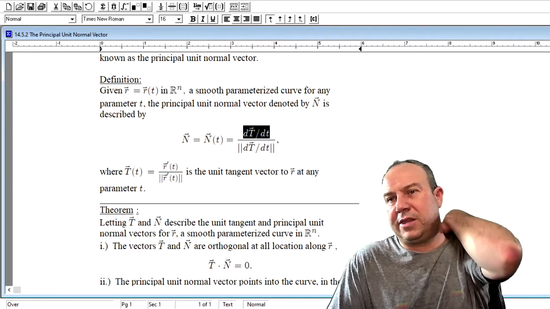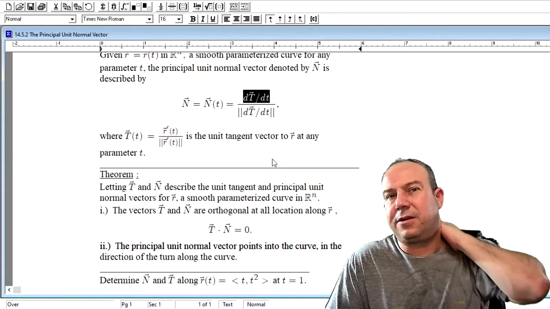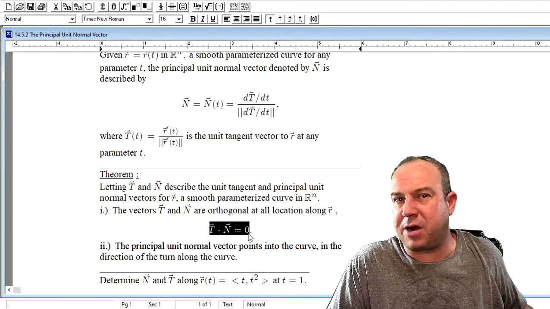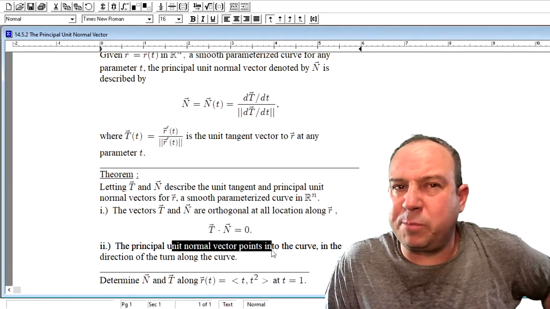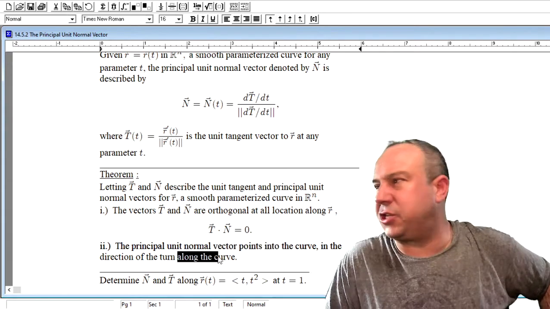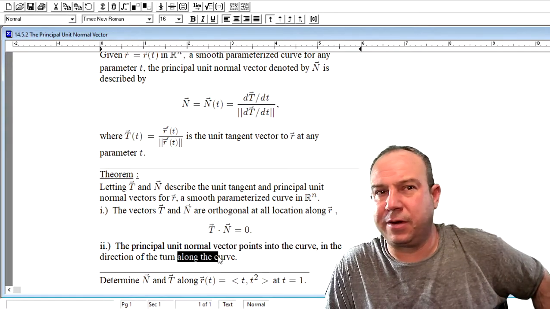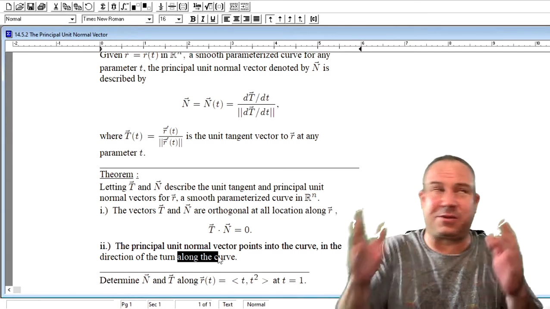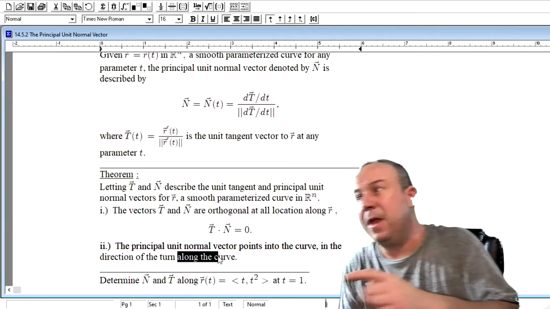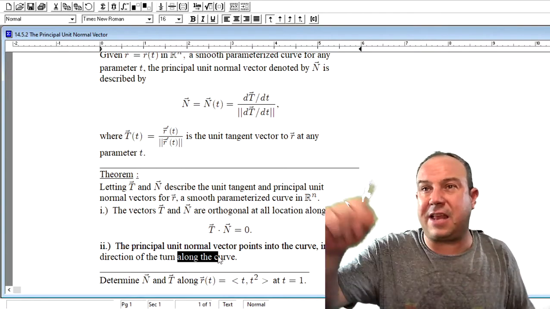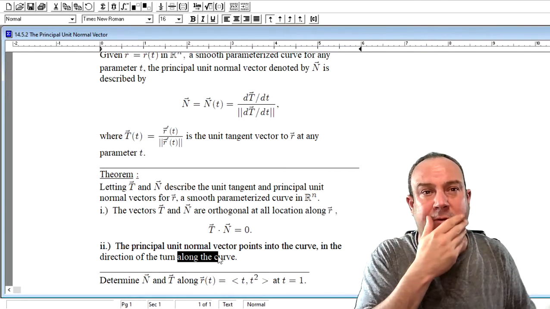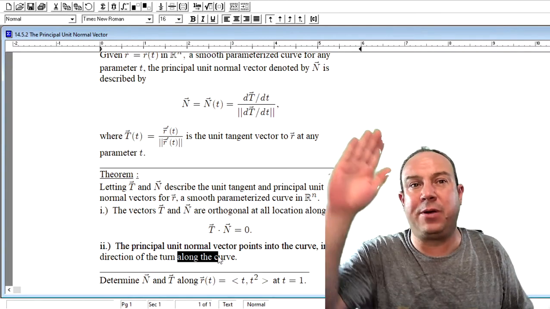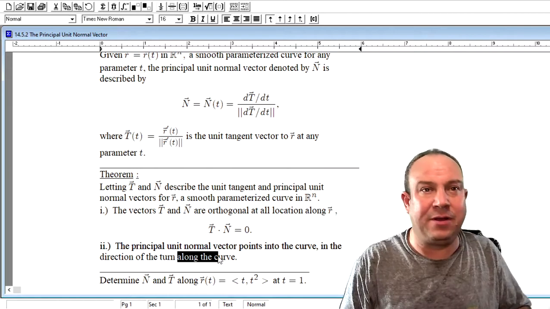All right? Where in the case of the principal unit normal vector, it will always be orthogonal to the tangential, which means their dot products will equal 0, and it'll always point into the curve in the direction of your turn, right? Which in two-dimensional spaces is turning left or turning right, but in 3 dimensions, that turn has a lot more description to it, right? It's not only turning right, it might be turning right and up, it might be turning left and down, right?